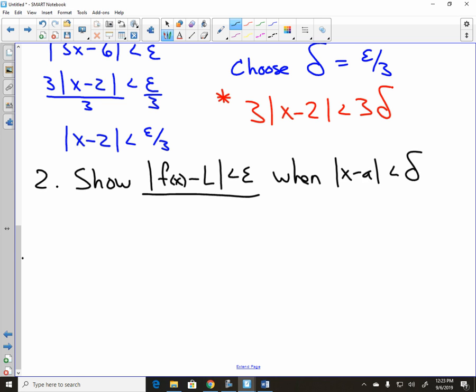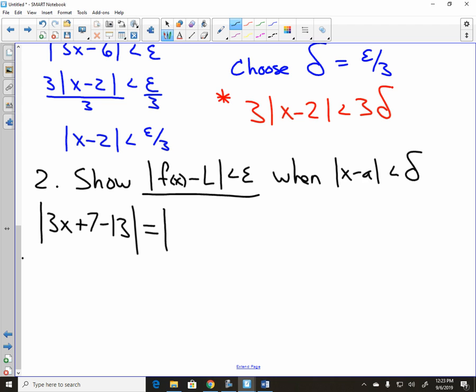I'm going to show that piece when we have chosen delta to be epsilon over 3. So we're going to do a lot of rewriting, but it's just a much more formalized way of writing it. What is f of x? 3x plus 7 minus 13. Does everybody see I've written this so far? I eventually want to get to an inequality symbol. Before I get to this inequality sign, I'm going to use an equal sign.